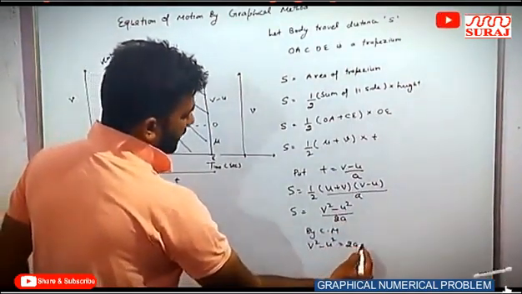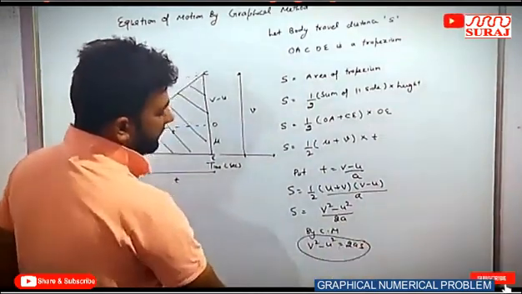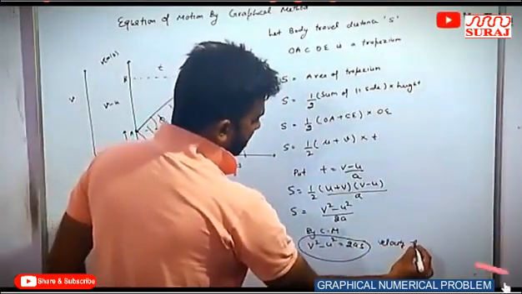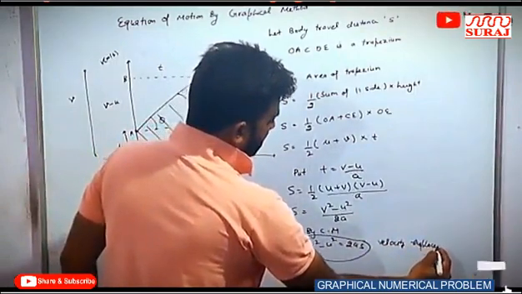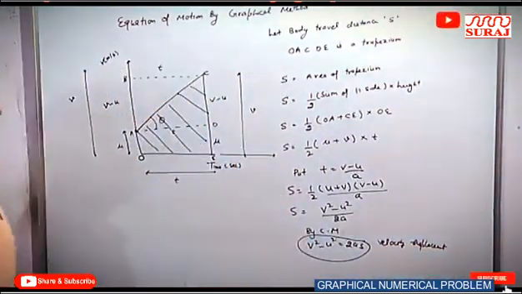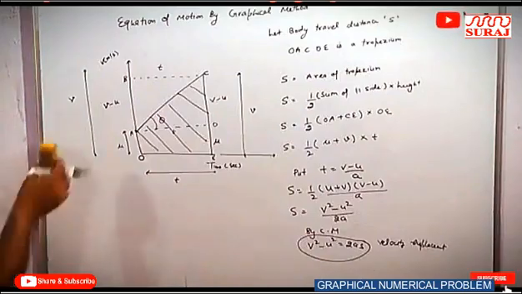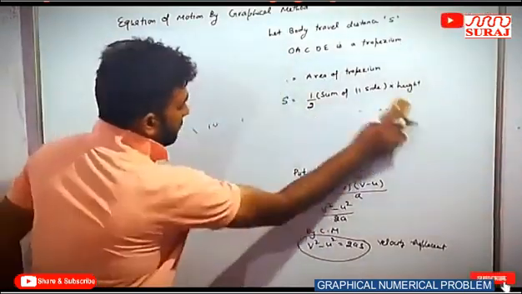Using a plus b into a minus b, we get v square minus u square divided by 2a. By cross multiplying, v square minus u square is equal to 2as, and this is called the velocity time relation. Sorry, the velocity displacement relation.